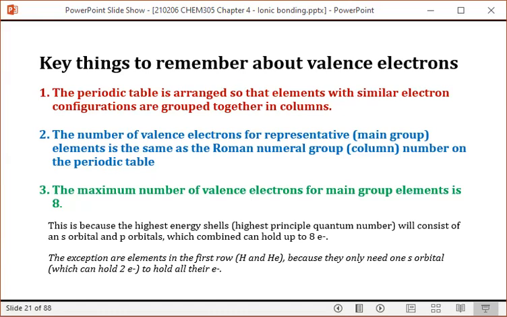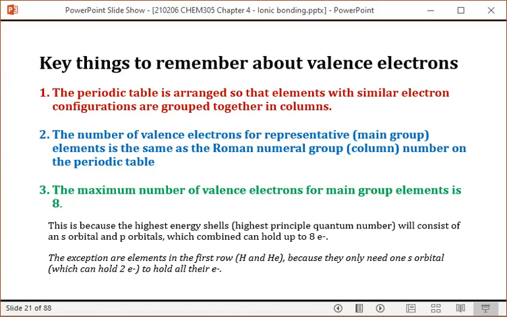And again, the exception to that is the first row of the periodic table with hydrogen and helium. And this is because they only need one single s orbital, which can at most hold 2 electrons, to fill up their highest energy, highest n value electron shell. They only have a principal quantum number of 1. 1s is their highest energy orbital, and that can at max hold 2 electrons.